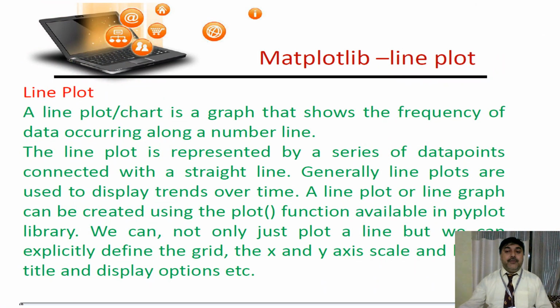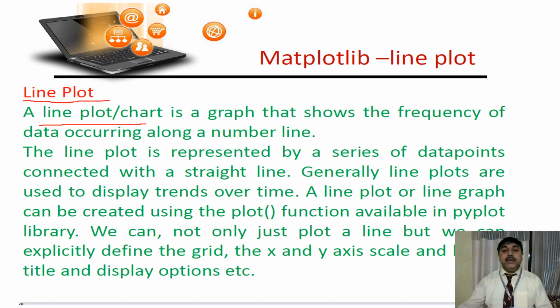So line graph, what do you mean by a line graph? As soon as you plot any pattern of values, the values will be plotted by default. That plotting is a line plotting. You can say it is a line plot or a chart.